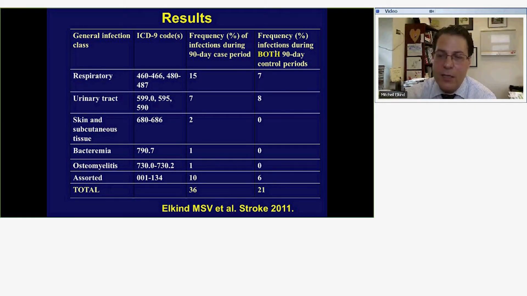So it's 180 days, twice as long. There were only 21 infections. Most of the infections were respiratory, UTIs as well, and then a smattering of other infections as well. So again, this was not specific for a particular kind of infection. Now, those are just the crude numbers.